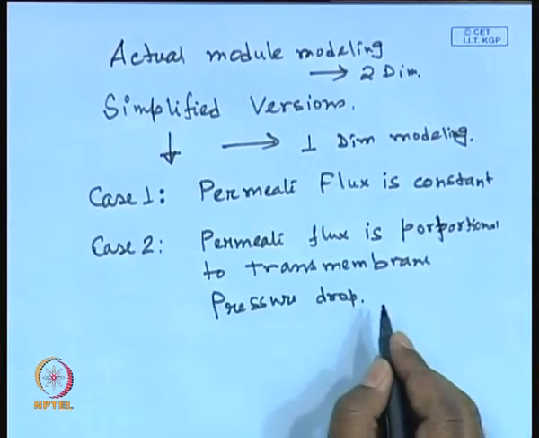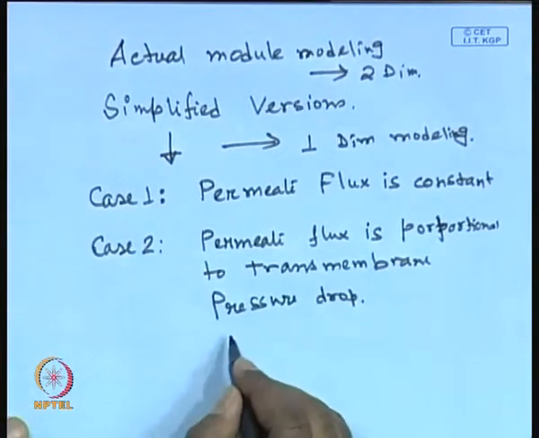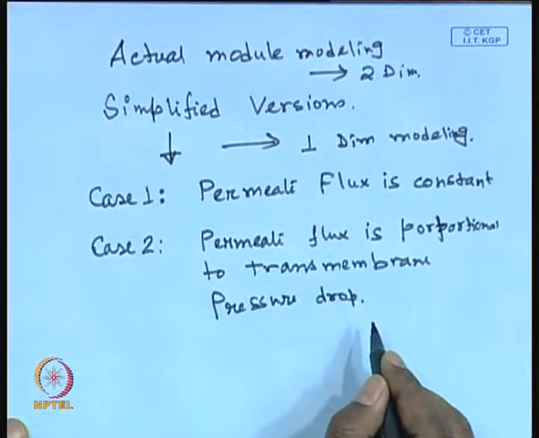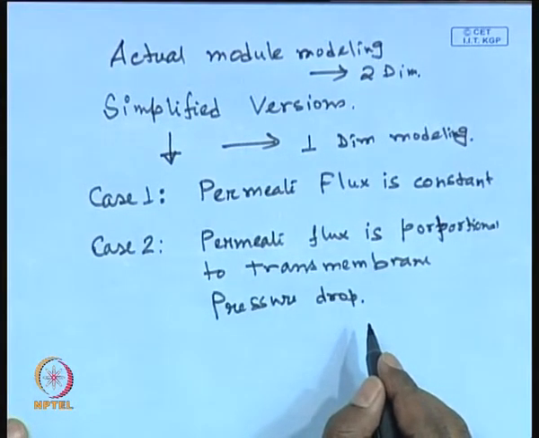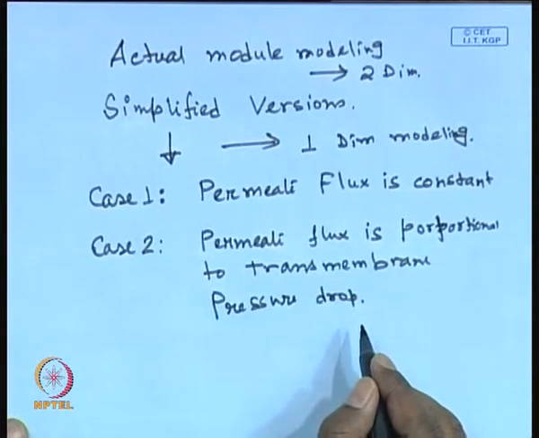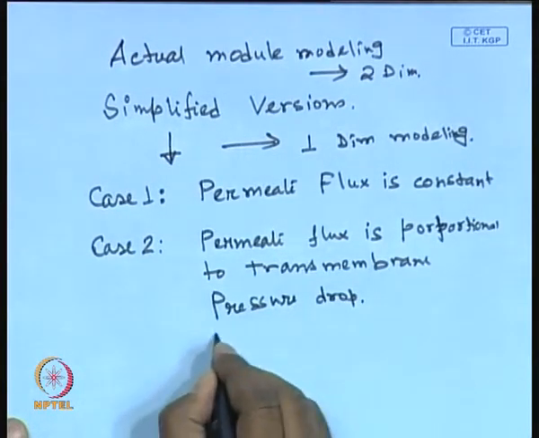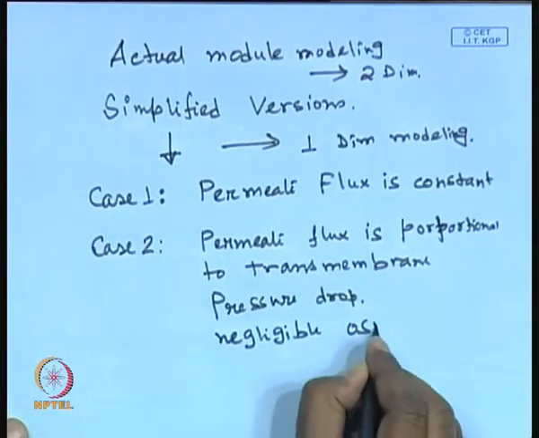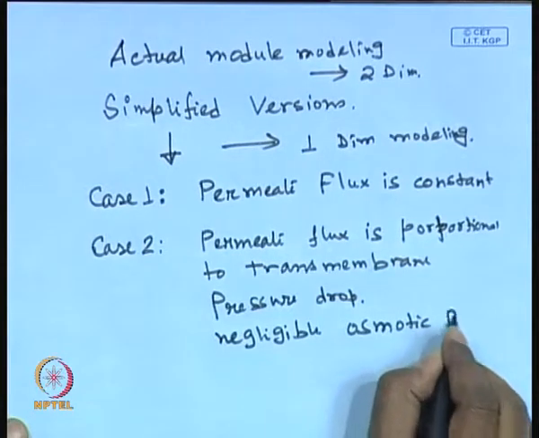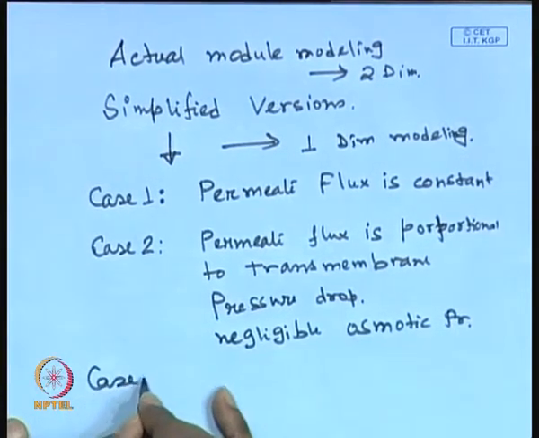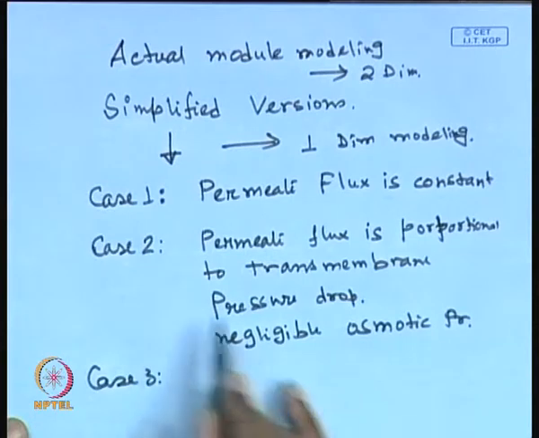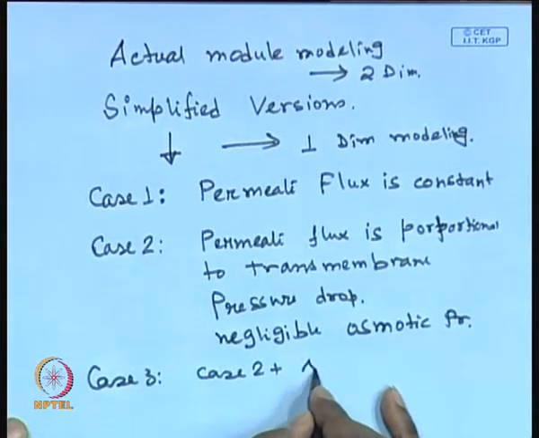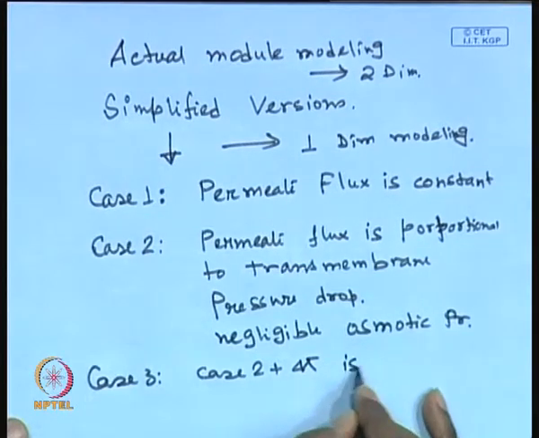So, J is equal to Lp delta P. That means we are assuming that the effect of osmotic pressure is negligible compared to the transmembrane pressure drop. And case number 3 will be case 2, but the osmotic pressure difference is significant.